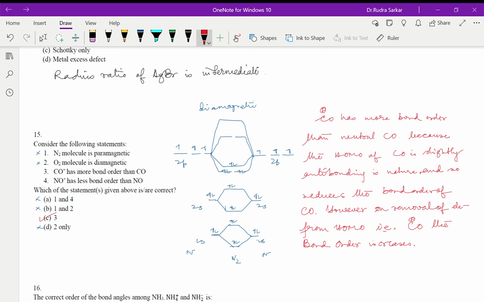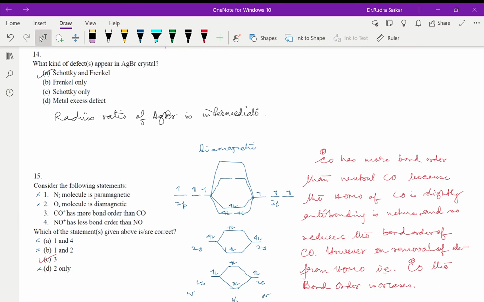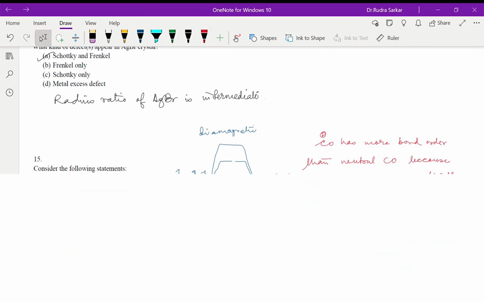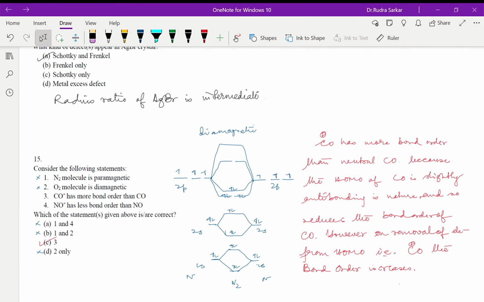So that is the explanation why CO+ has more bond order than the neutral CO.